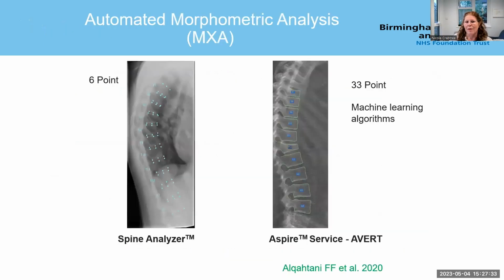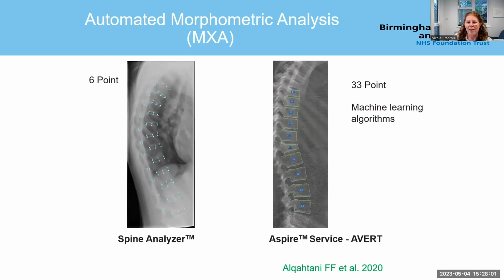What about the automated morphometric techniques? Here we can see an example of a 6-point automated program. So this is almost mimicking what happens on the bone density scanner. Or there's a more sophisticated 33-point technique, which uses machine learning algorithms, so an AI-type approach, to look at vertebral body shapes and to identify fractures.